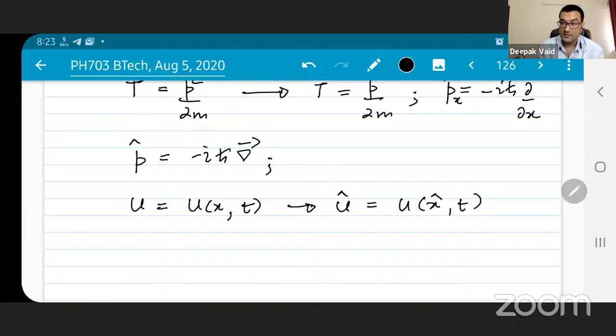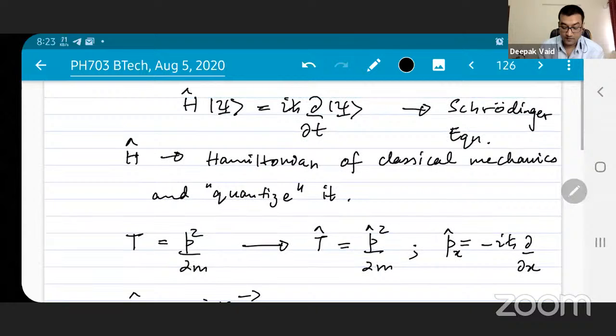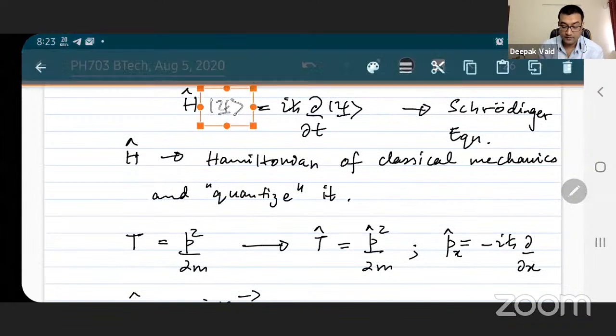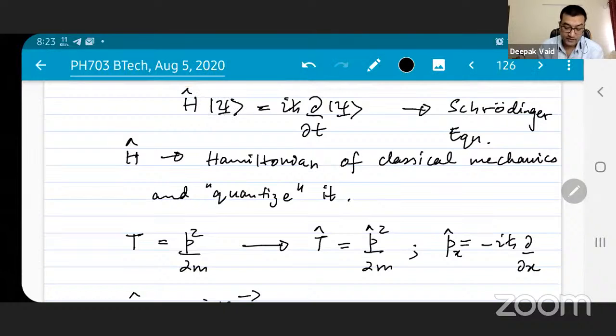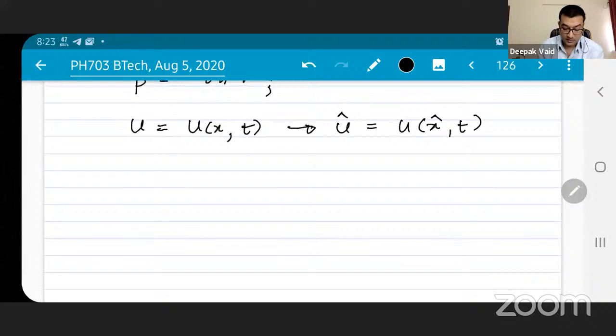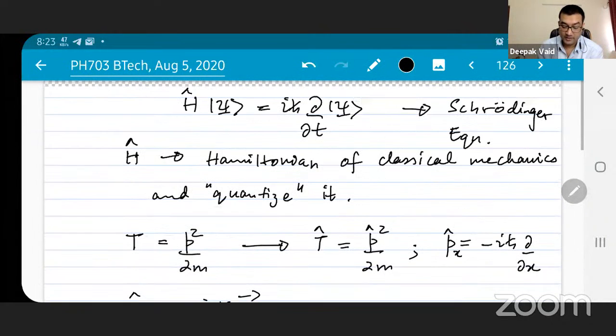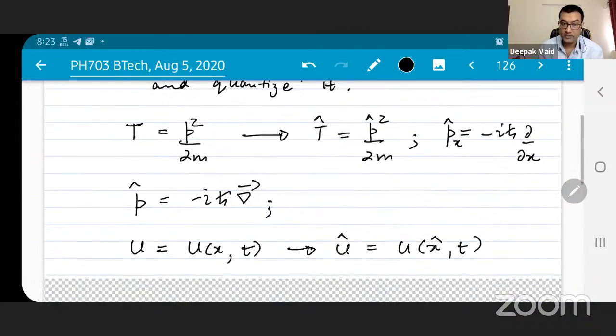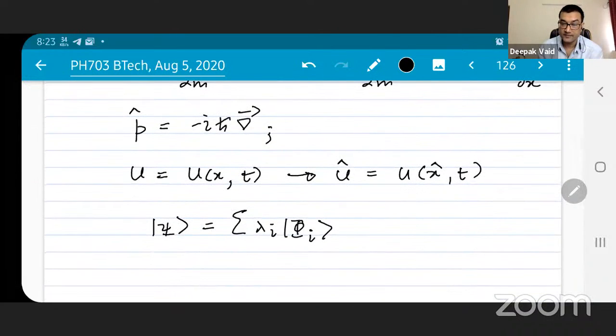Now, when we look at this wave function, we don't usually deal directly with the full state psi. The state psi can be written in terms of some set of basis vectors. So what we actually deal with normally is these operators H and so on acting on these basis vectors rather than on the full state.